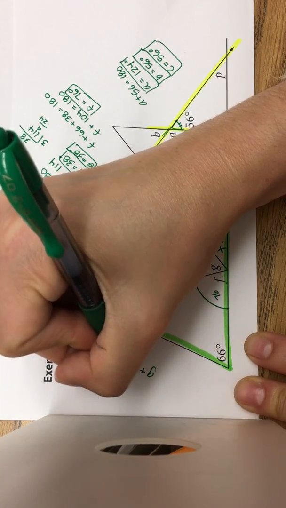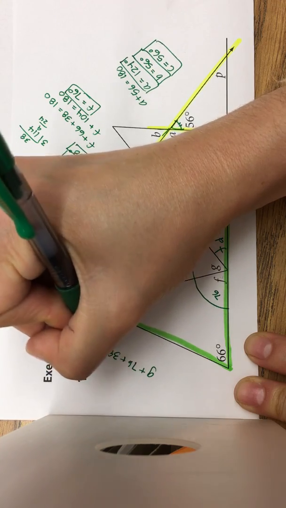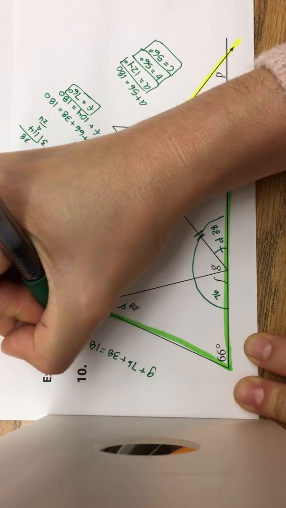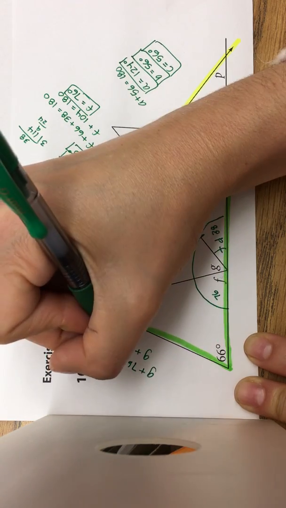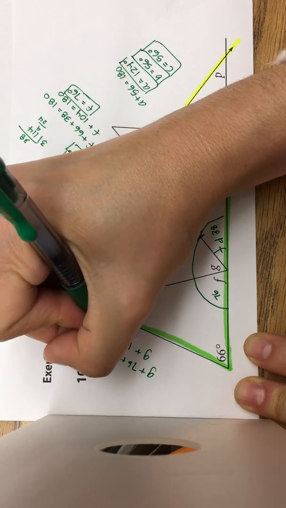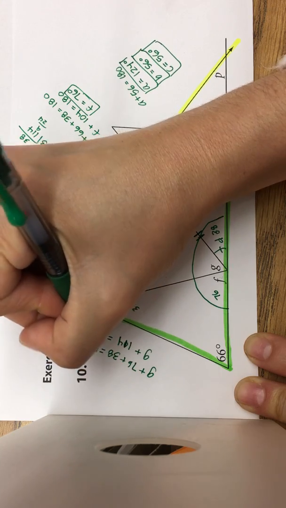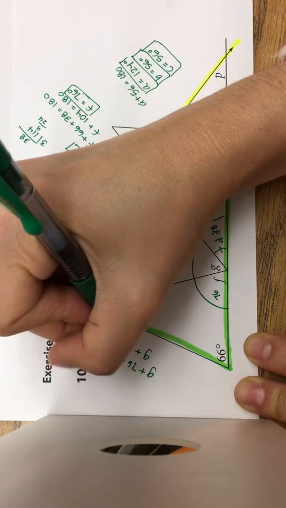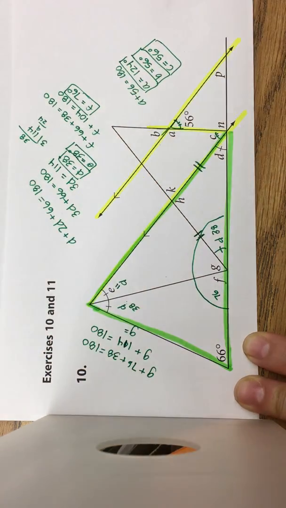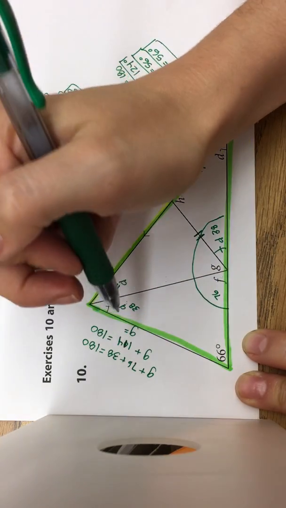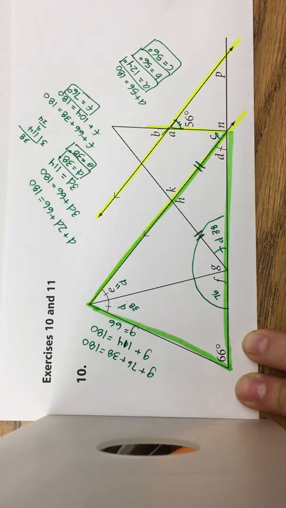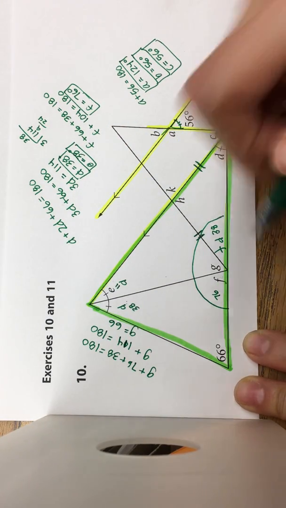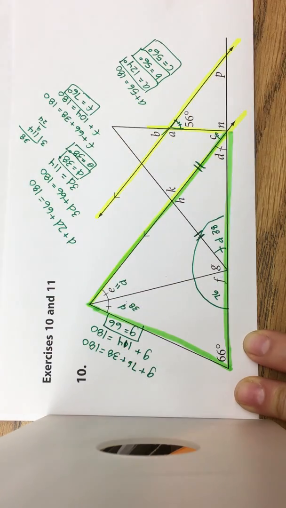So G plus 76 plus 38 equals 180. G plus 114 equals 180. Subtract 114 from both sides. G is equal to 66 degrees.